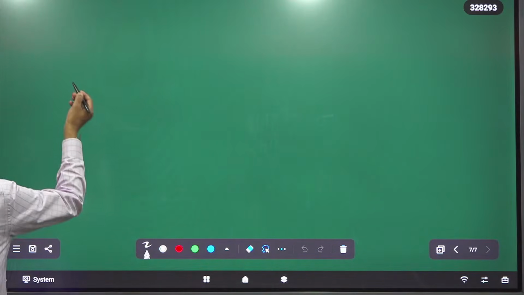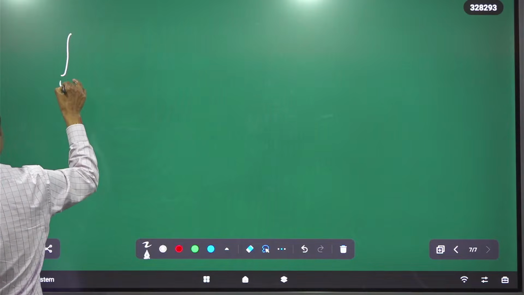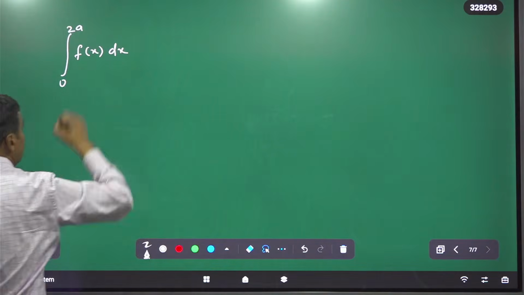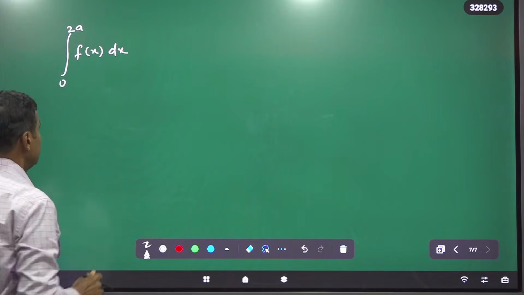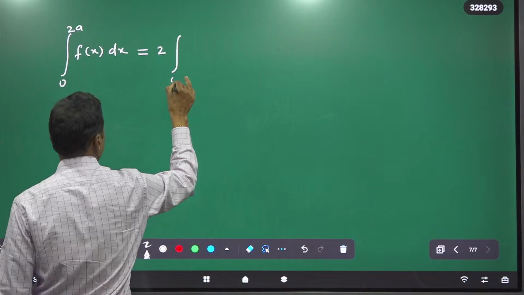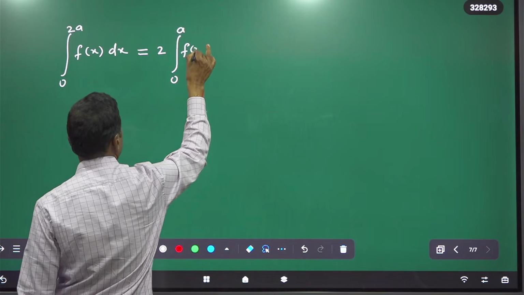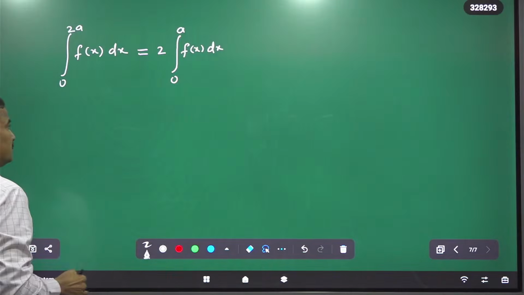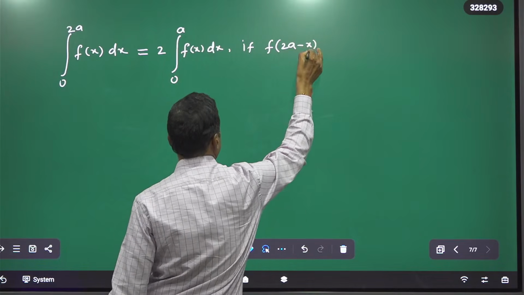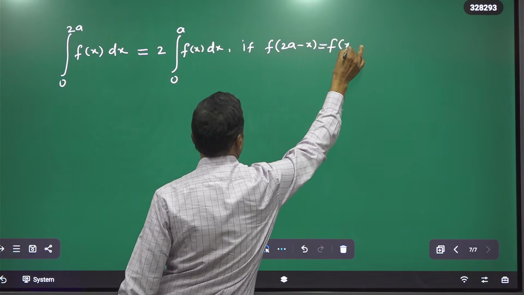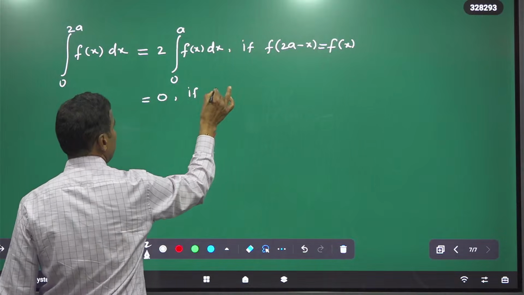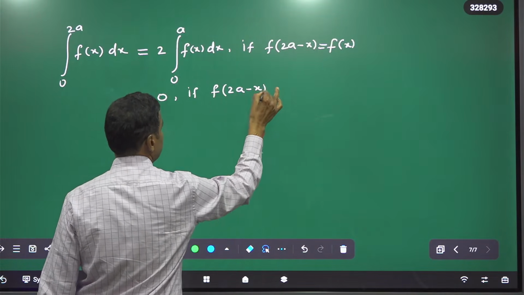Next property: integral of 0 to 2a f of x dx is equal to 2 into integral of 0 to a f of x dx, if f of 2a minus x is equal to f of x, and is equal to 0 if f of 2a minus x is equal to minus f of x.